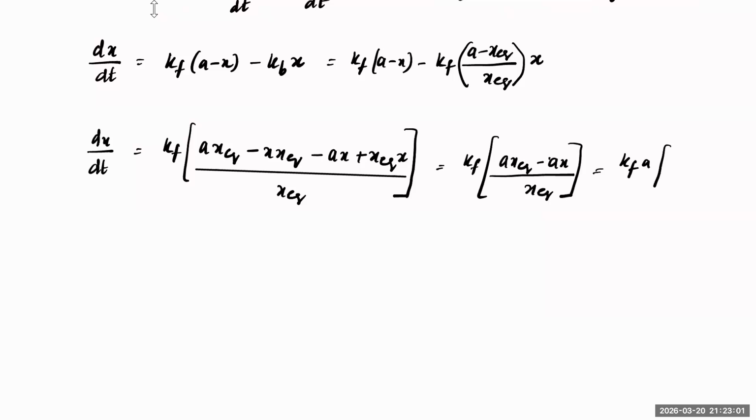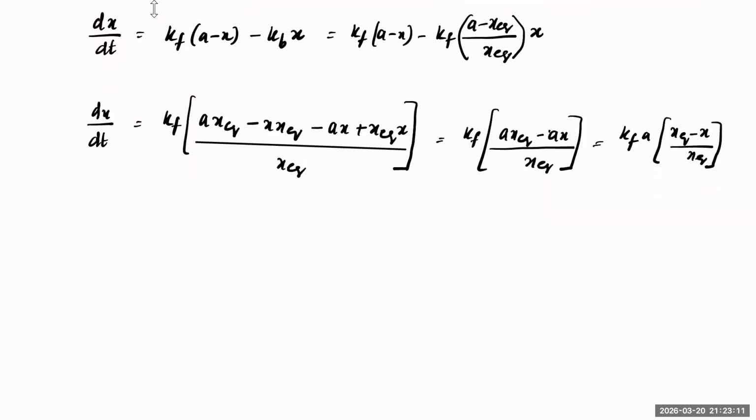So kf into a, that is (x equilibrium minus x) by x equilibrium. Got it? Now if I take this to the other side, what do I get? dx by (x equilibrium minus x) is equal to kf into a by x equilibrium into dt.